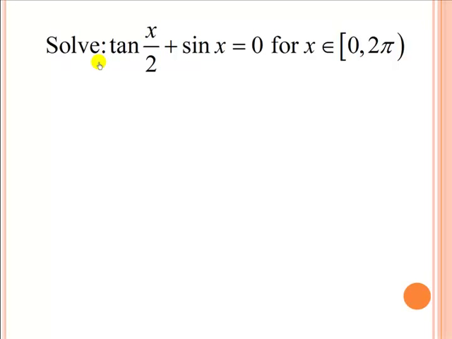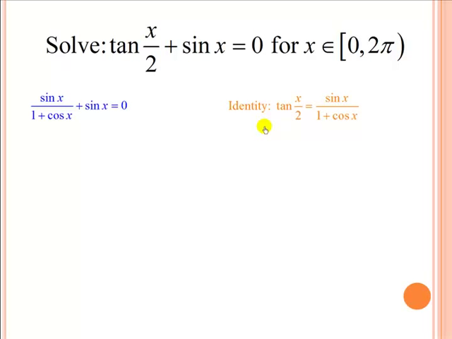One way to do that is to look at the half angle identity for tangent. Tangent has different half angle identities, and the one that will be useful for us is this one over here. So the first step would be to replace tangent x over 2 with its equivalent, sine x over 1 plus cosine x.